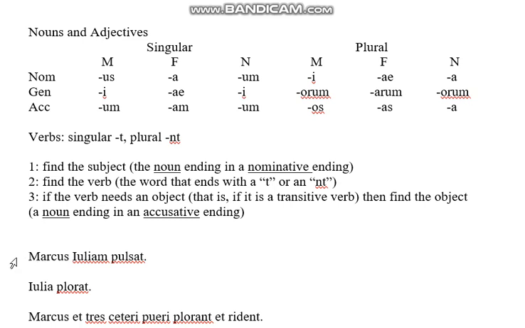But if we just had the sentence like we do here, how would we know that Marcus is the subject and Julia is not? Well, very simply, Marcus ends in us. We know that Marcus is a boy, which means that he'll be masculine. His name is a masculine word. So the masculine nominative singular is us. So we know from this that Marcus is the subject, which means that he is the one doing the verb.